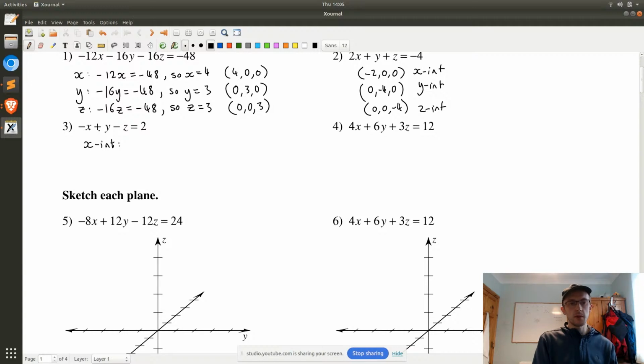Put in 0 for the y and z. So negative x equals 2, so x equals negative 2.